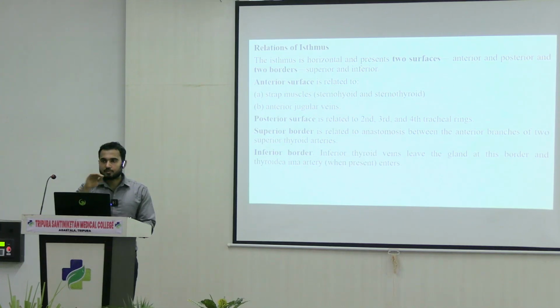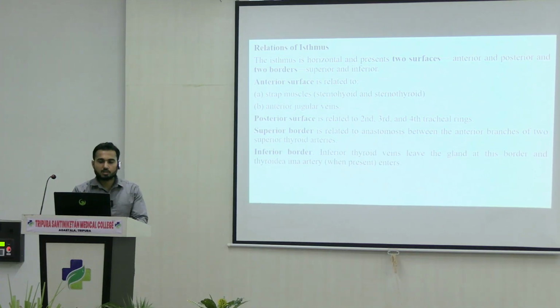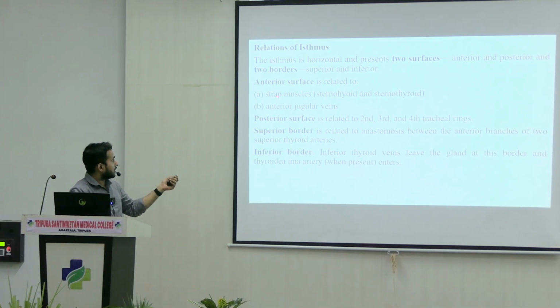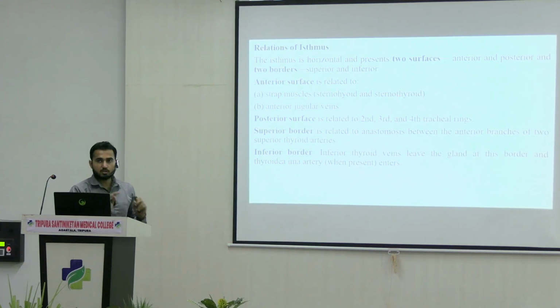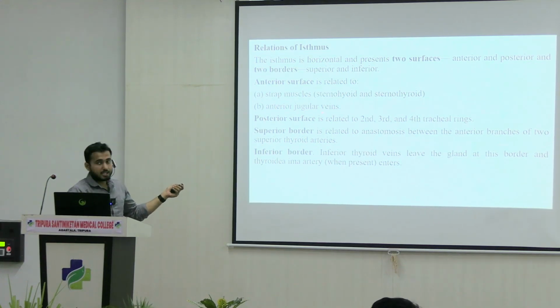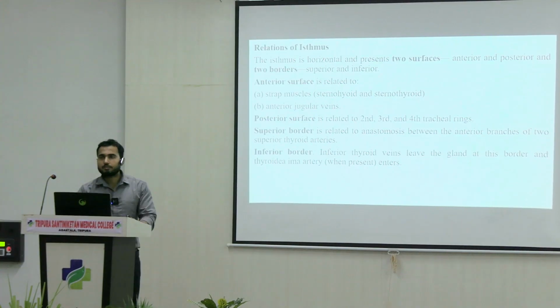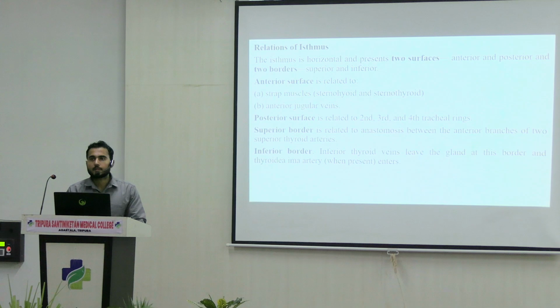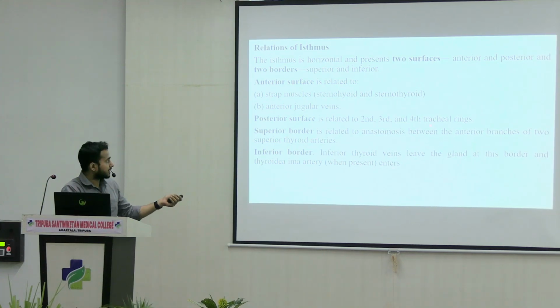Now, what are the relations of the surfaces and borders? First of all, on the anterior surface, strap muscles are there. That is the sternohyoid and sternothyroid, which are overlapping the anterior surface. Anterior jugular veins are also there. The anterior jugular vein is mainly situated superficially, but it is crossing the anterior surface. Next, the posterior surface is related to the second, third and fourth tracheal rings.